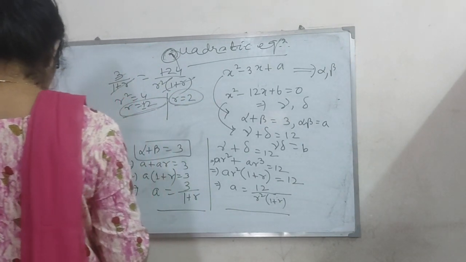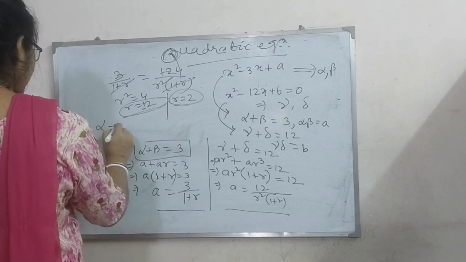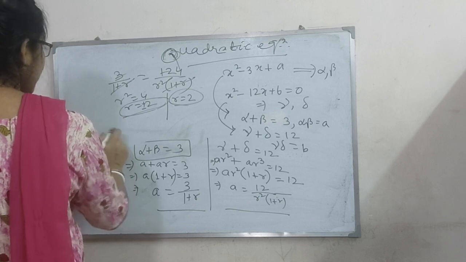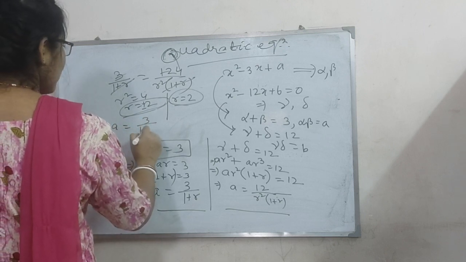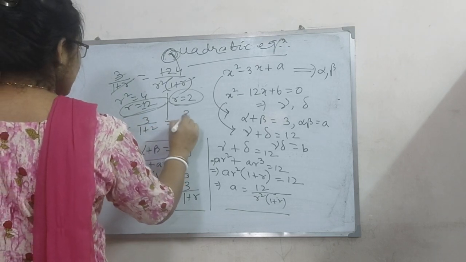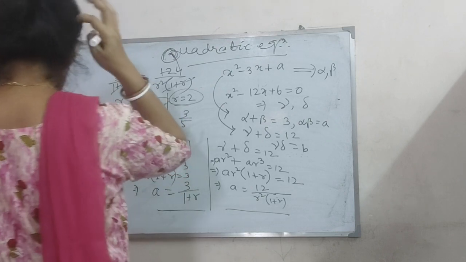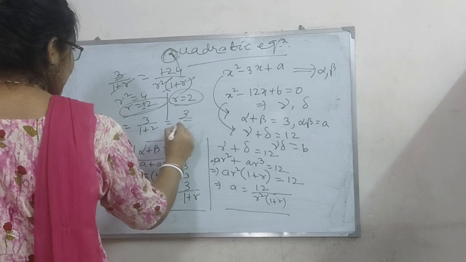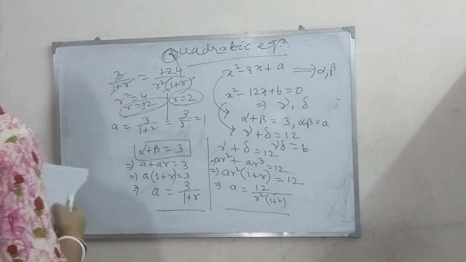So a equal to 3 by 1 plus 2, which is 3 by 3, equal to 1.